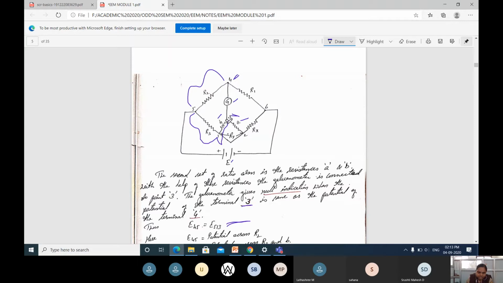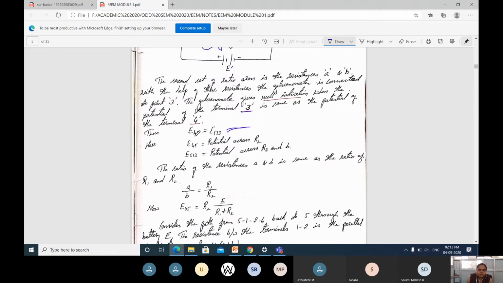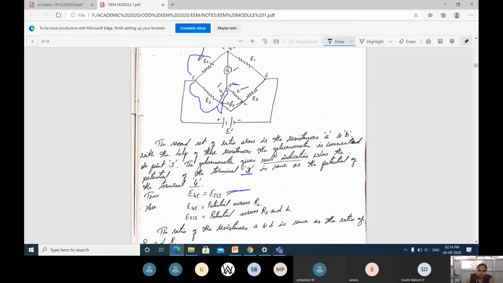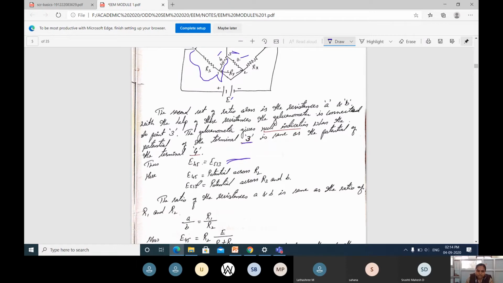Where is the galvanometer connected? At that point you have to take it, for that reason. Okay. Next, what do you have to do? The potential of R2 should be equal to the potential across 5, 1, 3, that is R3 and B. This is what we have to take.